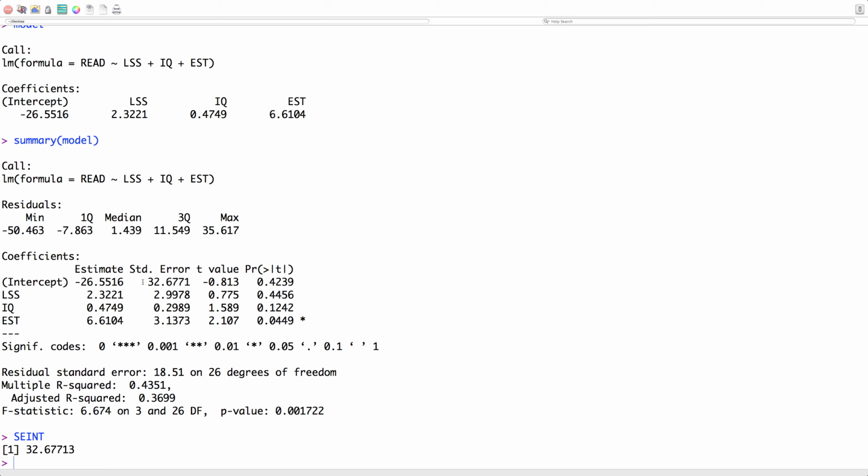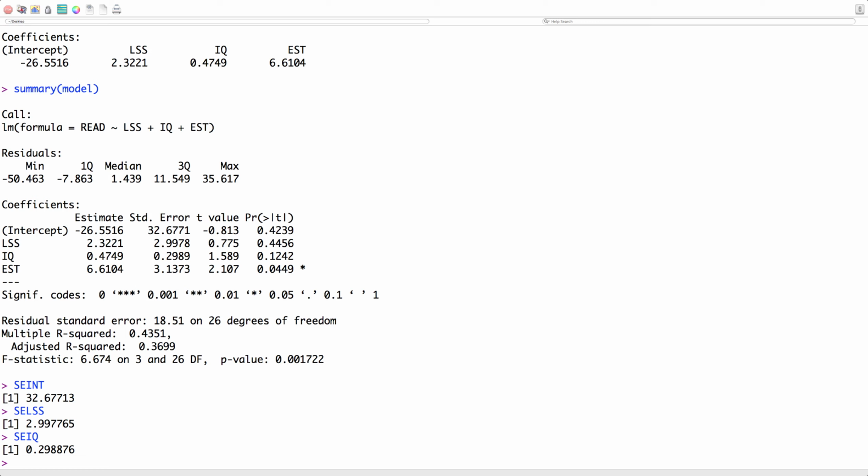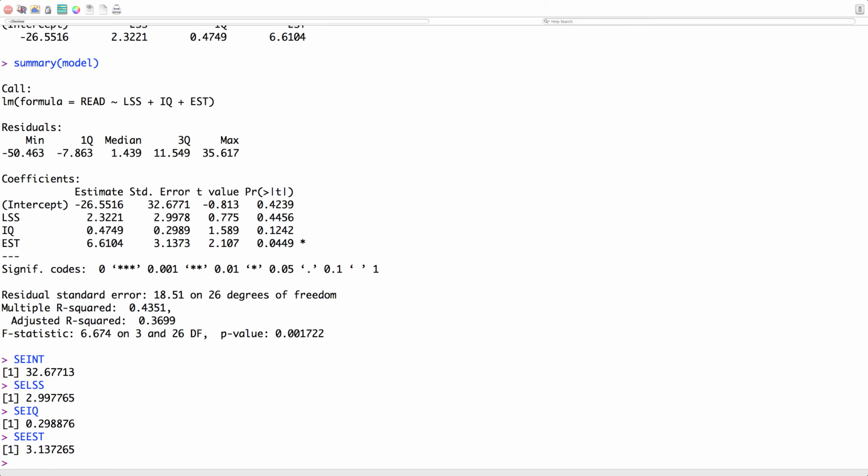What I'm focusing on right now is the column under standard errors. The standard error for LSS was 2.9978, and for IQ, 0.2988. You can see that everything is matching up, which is always cool. We've had some videos before where it did match up, right?